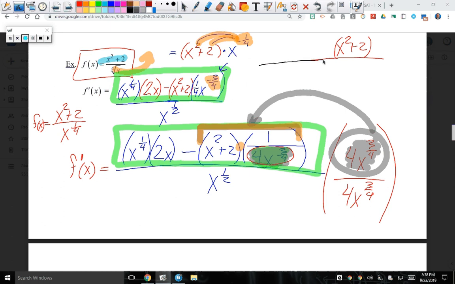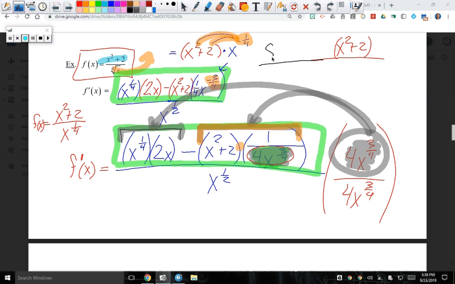Okay, now here we go. How many terms do you see here that I just boxed? 1. So if I come over and I now distribute this over here, what is this going to turn into? Well, let's do it. 4 times 2 is 8. Do you agree? Do you see what I'm doing?